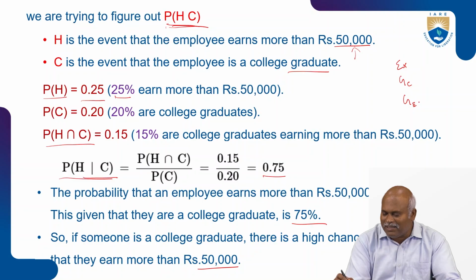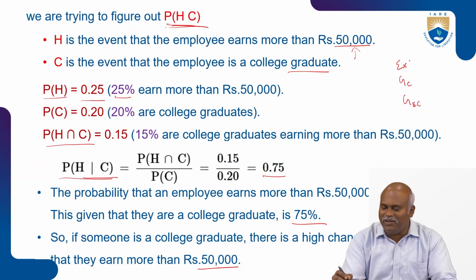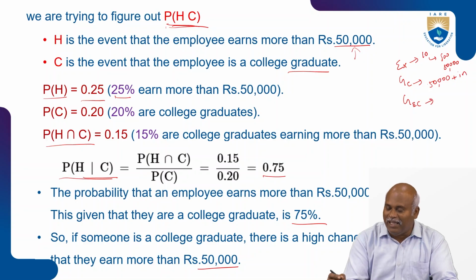If you have more than 10 years of experience, you get a good salary like 50,000. If graduated with 1 or 2 years of experience, they get 50,000 plus some incentive. Then graduated with experience gets 50,000 plus incentive based on the experience.